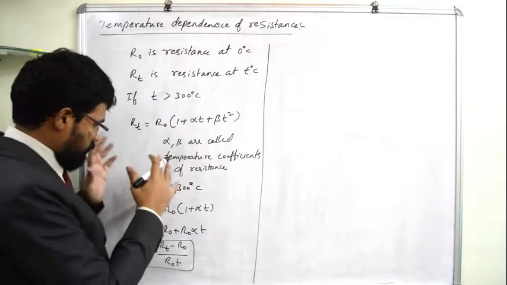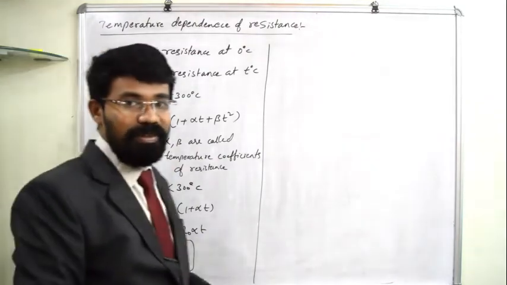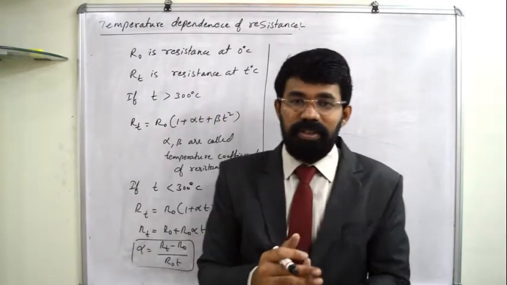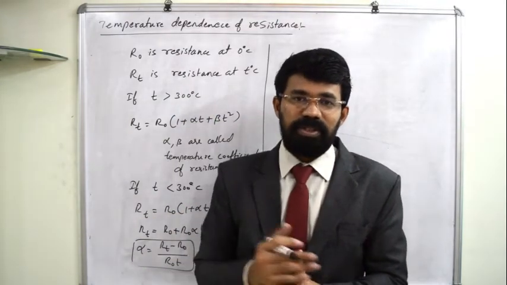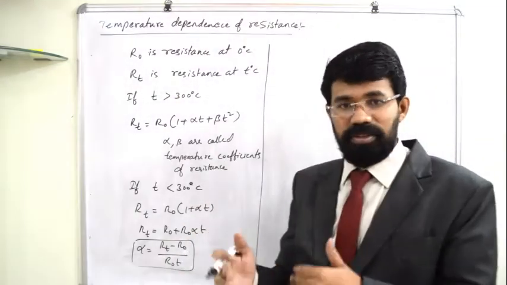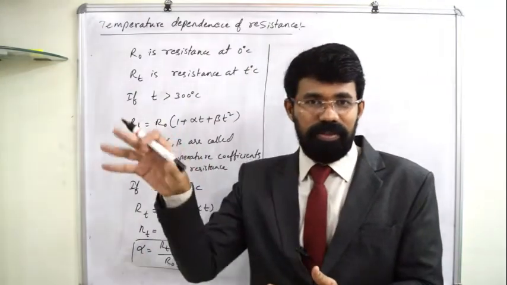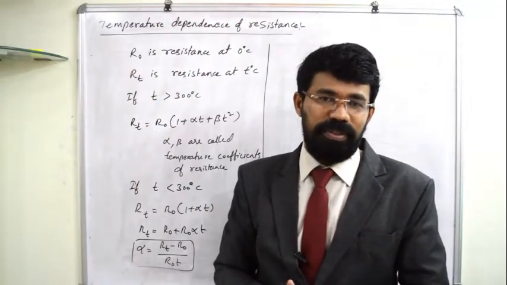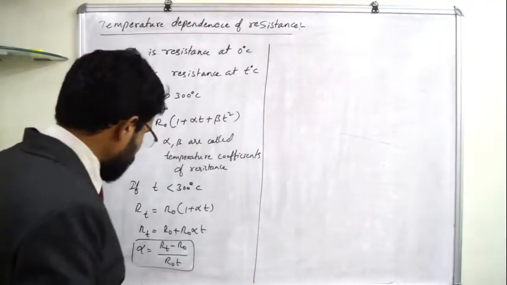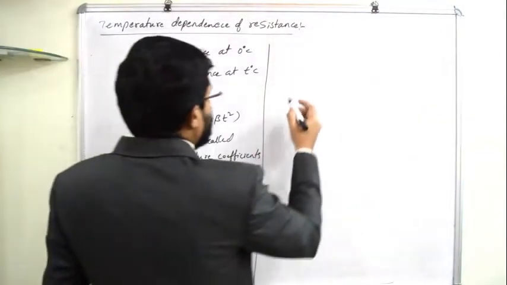These details are a little connected with first year. In first year, you have come across the linear coefficient of expansion, areal coefficient of expansion and volume coefficient of expansion, isn't it? So these details are slightly connected with the format in which they appeared in first year. Now let us talk about one more situation.